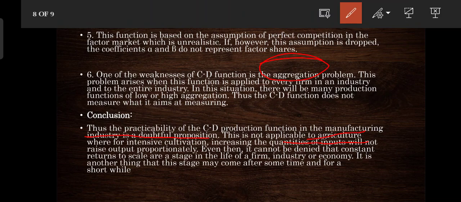Even then, it cannot be denied that constant returns to scale are a stage in the life of a firm, industry, or an economy. This stage may come after some time and for a short while. So we can see that there are increasing returns, constant returns, and diminishing returns. These are all stages in which constant returns to scale will operate only for a short period of time. We should understand that as the conclusion.